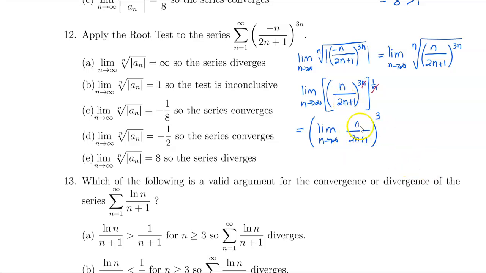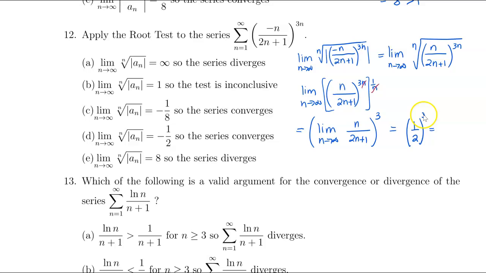And what do you get here? Comparing the powers, the degrees in the numerator and denominator, they're both equal to 1. They have the same degree, so you can just cancel that n. The one inside actually approaches 1/2. And then you raise that to the power here. You copy that power.